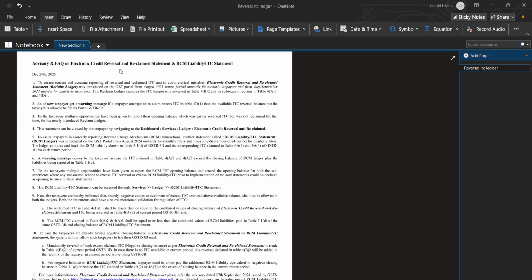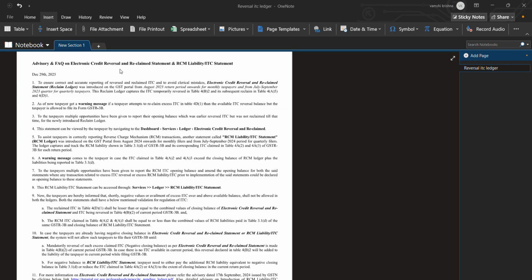Let's first discuss the electronic credit ledger. If we generally reverse the input, it will be shown in the electronic credit reversal ledger. And in future, if we want to reclaim the input which we earlier reversed, we can claim only to the extent of whatever we reversed in the previous months.